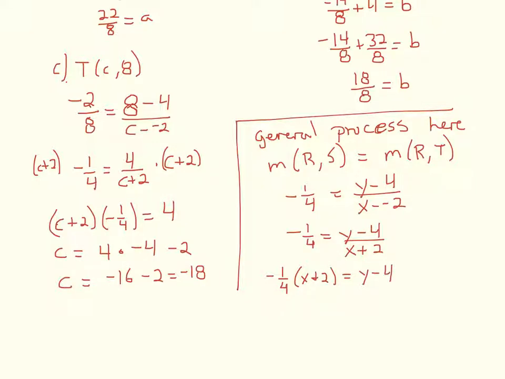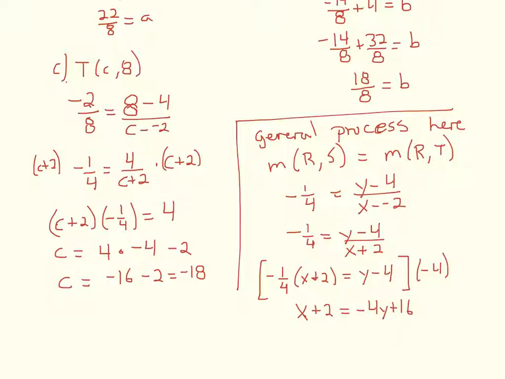And now I don't really like that negative 1/4 on the left, so I'm going to multiply both sides of the equation by negative 4. And that's going to cancel out the negative 1/4 on the left, so I'm just going to be left with x plus 2 on that side is equal to negative 4y plus 16.